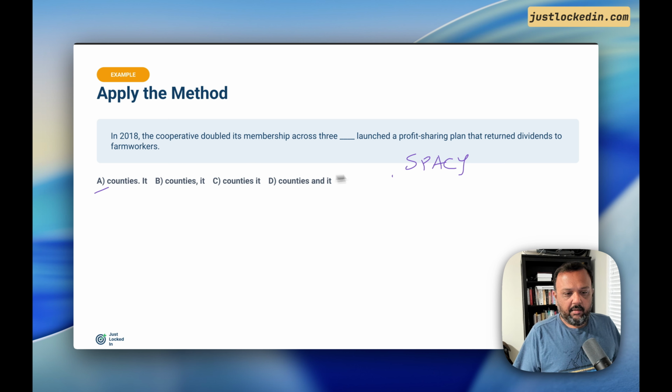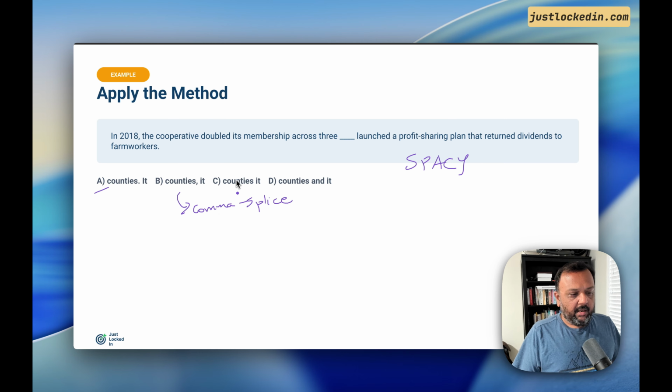This is not valid according to the SPACY rule. You can have a comma and a FANBOYS conjunction, or you could have a semicolon, in which case it substitutes the period with a semicolon, but a comma alone is not valid. In fact, this kind of sentence is called a comma splice. A comma splice is not valid.